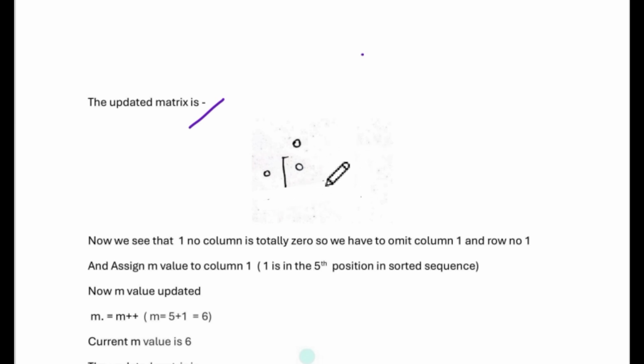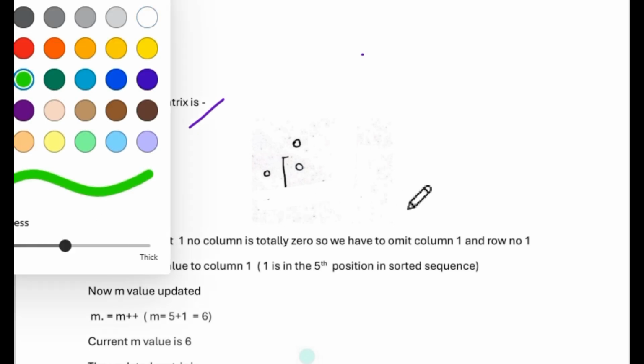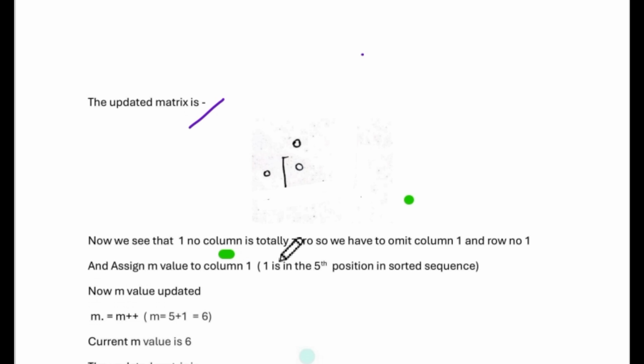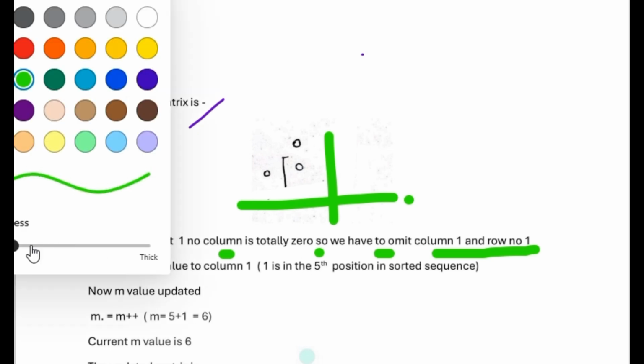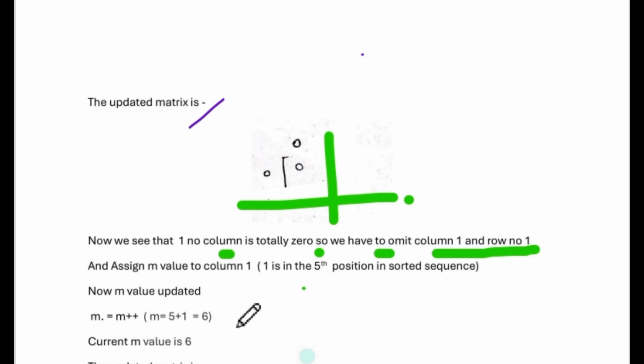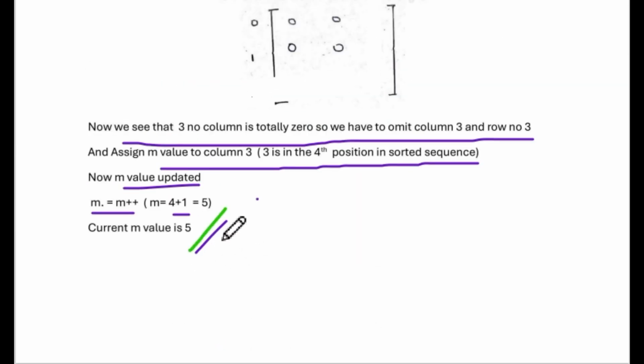Now we see that column 1 is totally 0, so we omit column 1 as well as row 1. The previous value is 5 and now 5 plus 1 is 6.